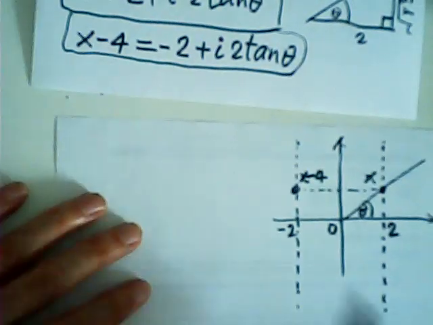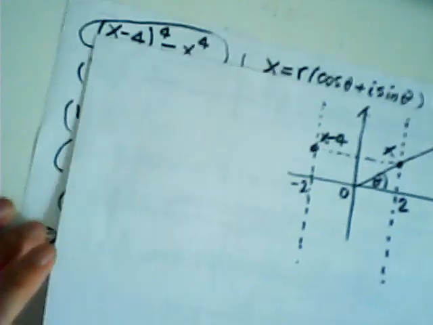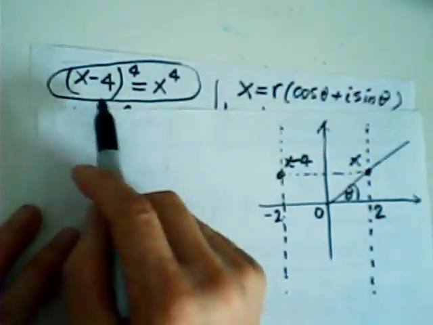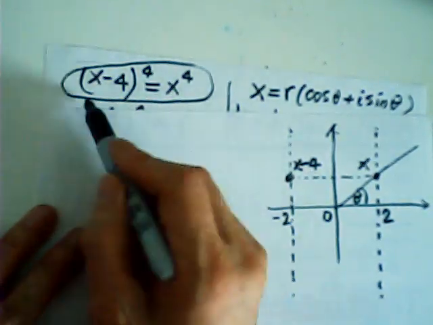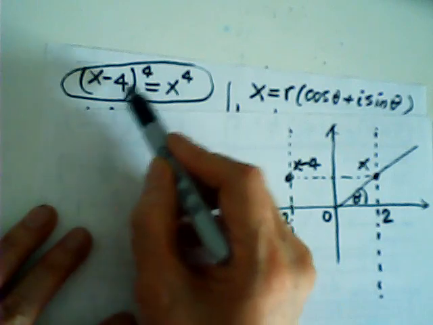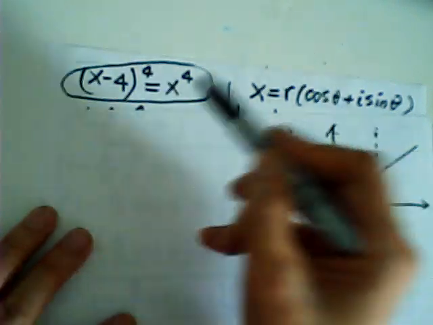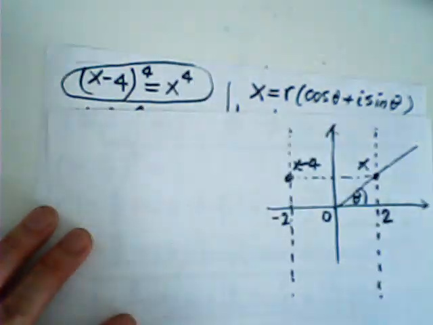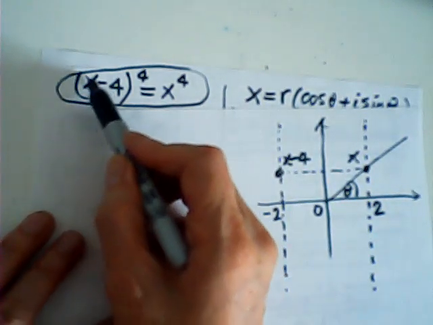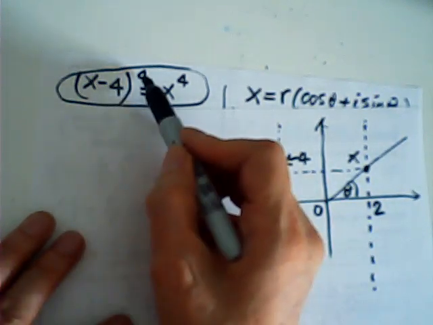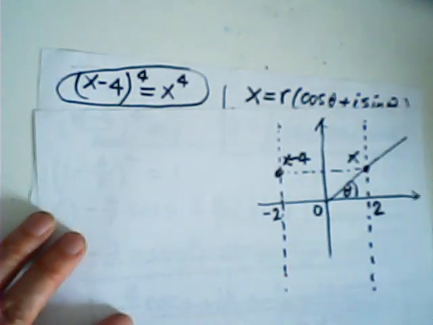Now then, we try to find theta, right? We go back here. This equation, if x is a complex number, x minus 4 is a complex number, then this complex number's 4th power is equal to this complex number's 4th power. By using the De Moivre theorem, this complex number's argument 4 times is equal to this complex number's argument 4 times.